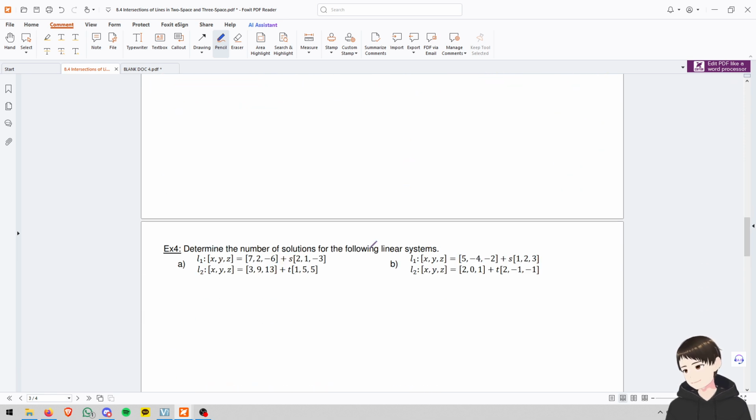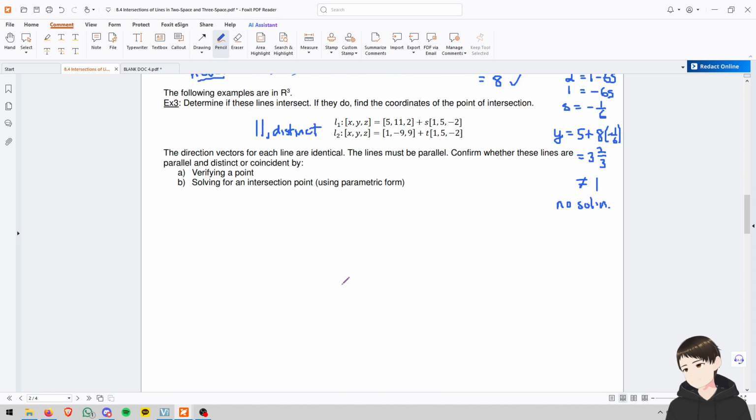And then example 4, I believe the two are going to be, let's see. For part A, there is going to be one solution. And for part B, they are going to be what we call skew. Okay, let's try it.